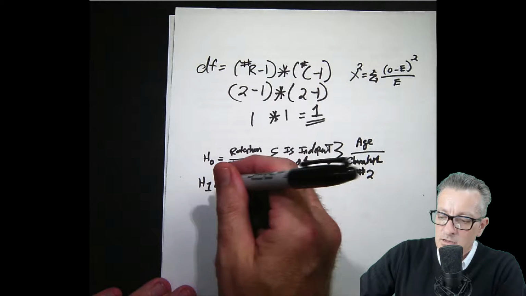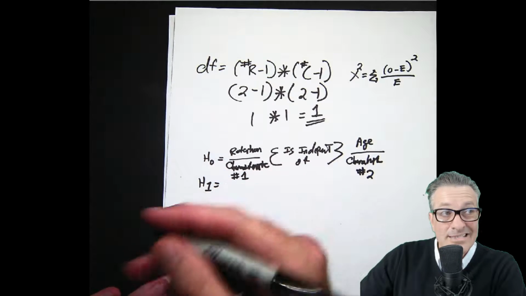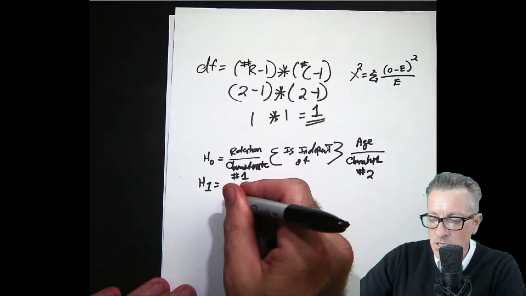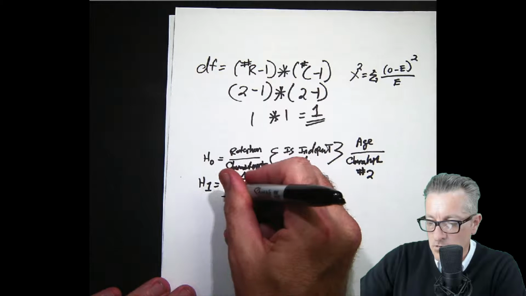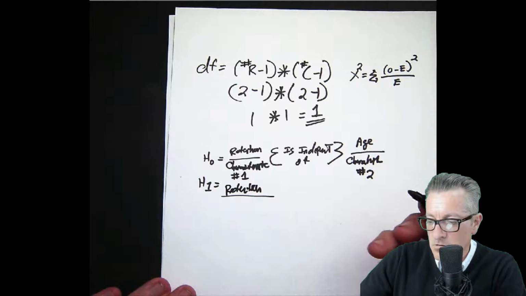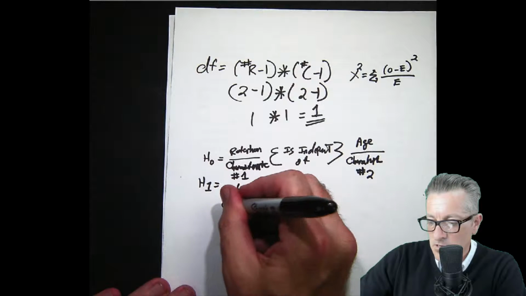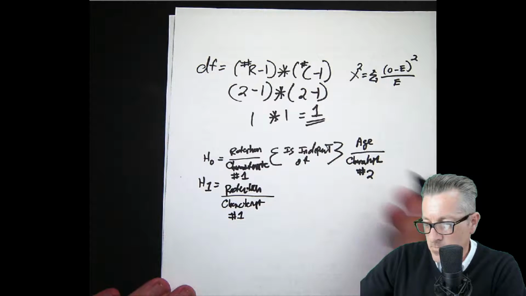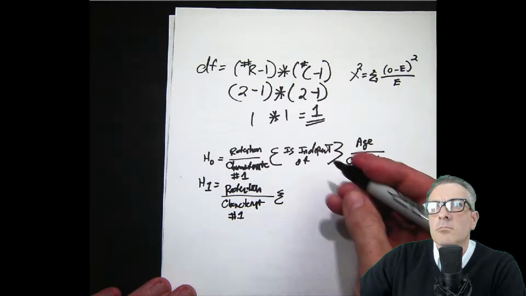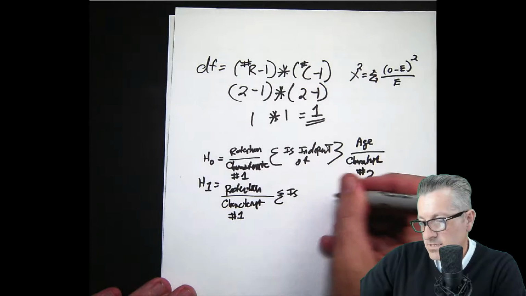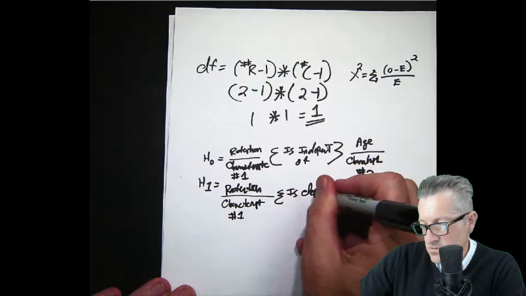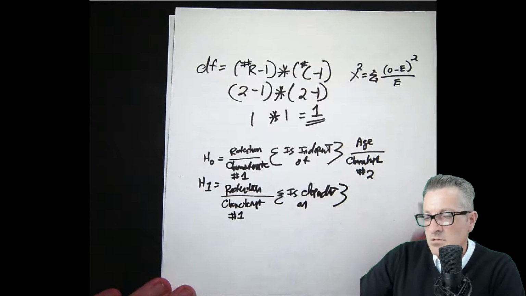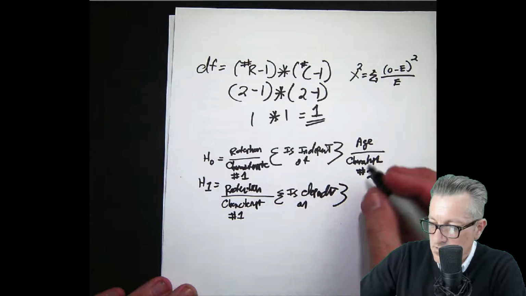And then the alternative hypothesis would be that it's not the status quo. Hence, we have a problem, which would be retention, characteristic number 1, is dependent on, so now you see why we call it the test of independence.